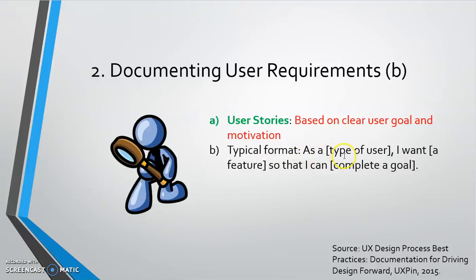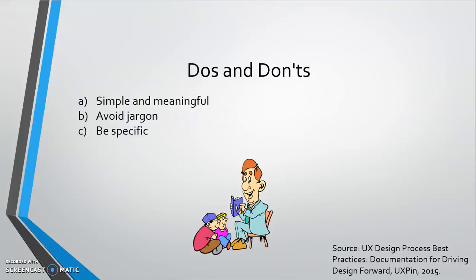As a type of user, I want a particular feature so that I can complete a particular task. So basically it tells what the user wants using a particular feature to complete a certain task. So user stories are basically description of the user's task and how the user accomplished those tasks.